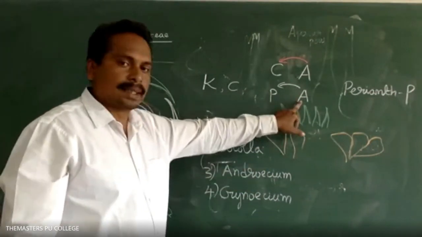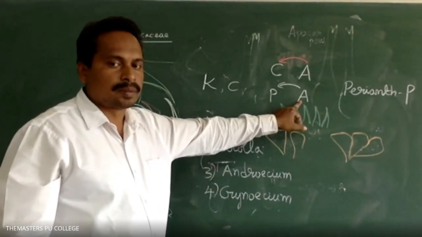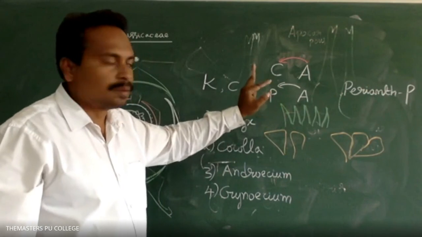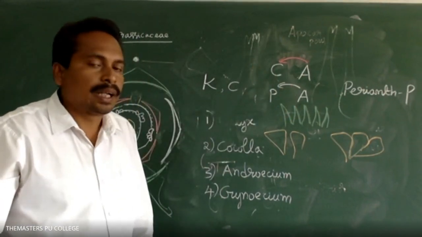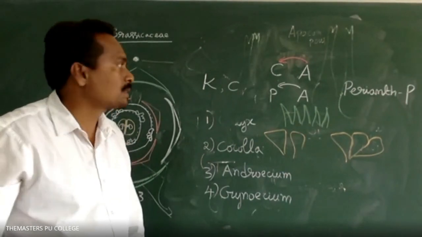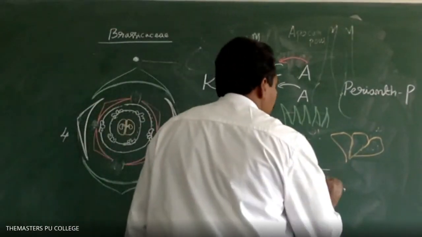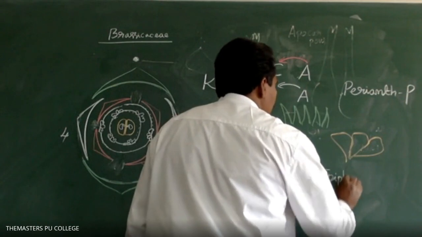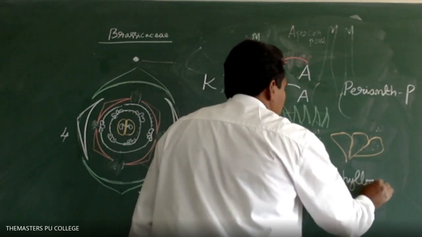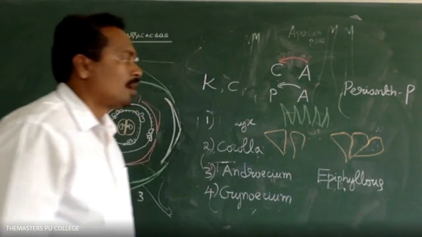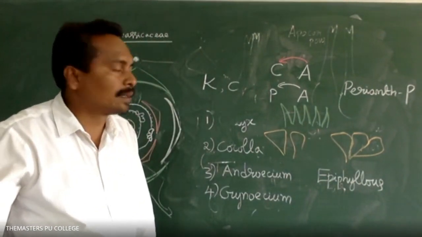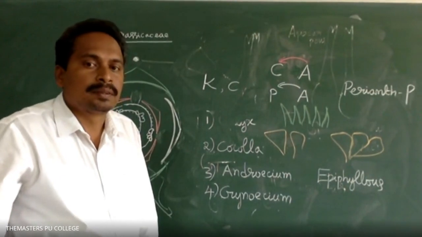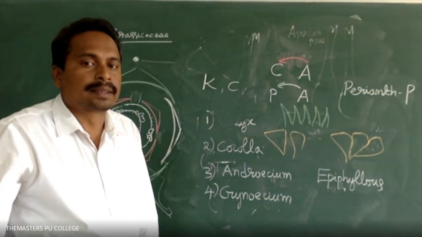So it is indicated by an arrow from A to P. That is epiphyllous, which means the stamens are attached to the perianth. Is it clear now? Yes, sir.